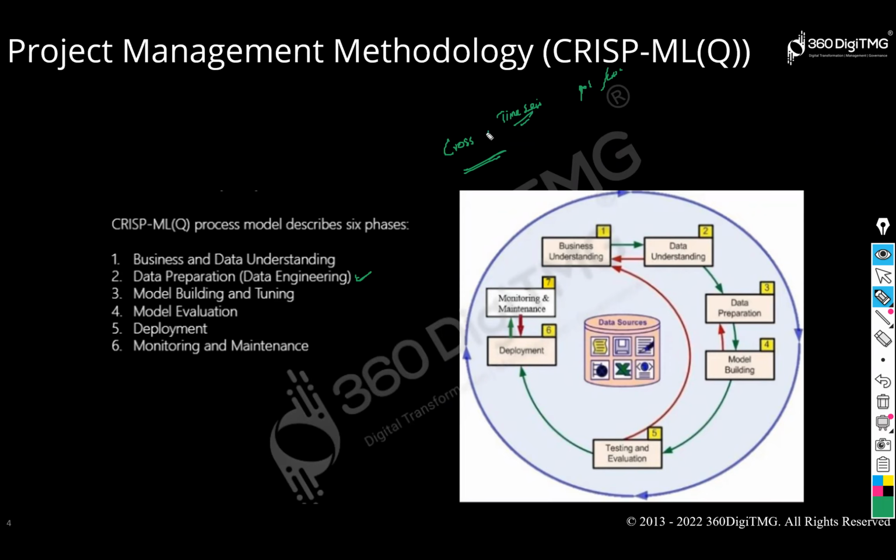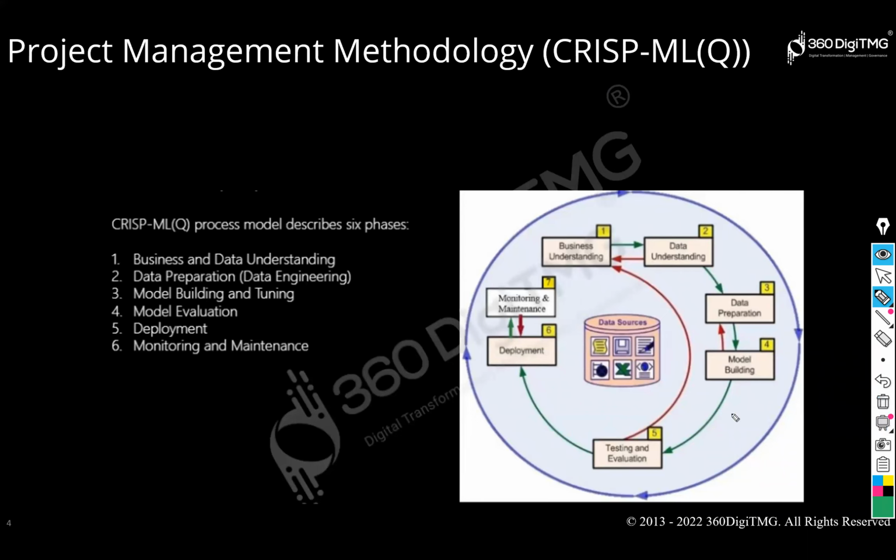In panel or longitudinal data, there will be multiple column properties. We also have balanced data and imbalanced data. Now we have understood about the data, primary, secondary, and all these things.